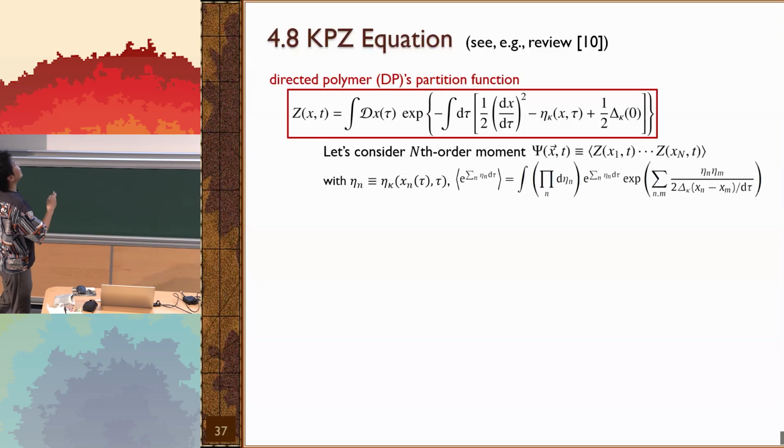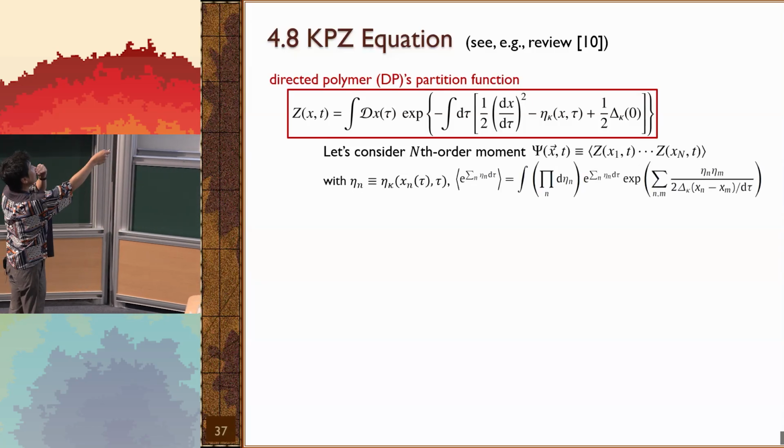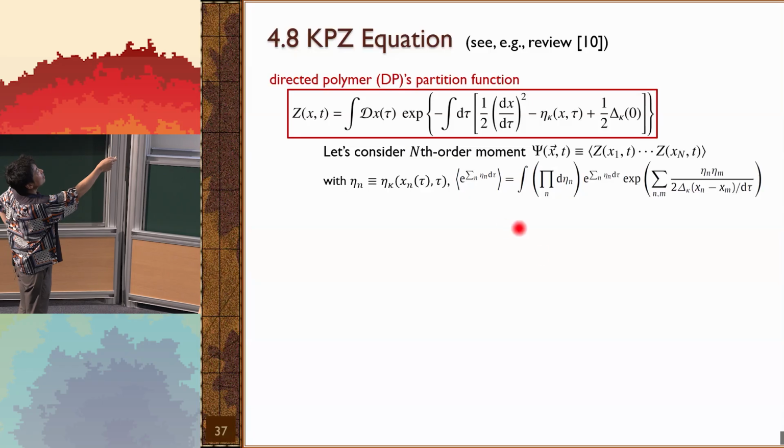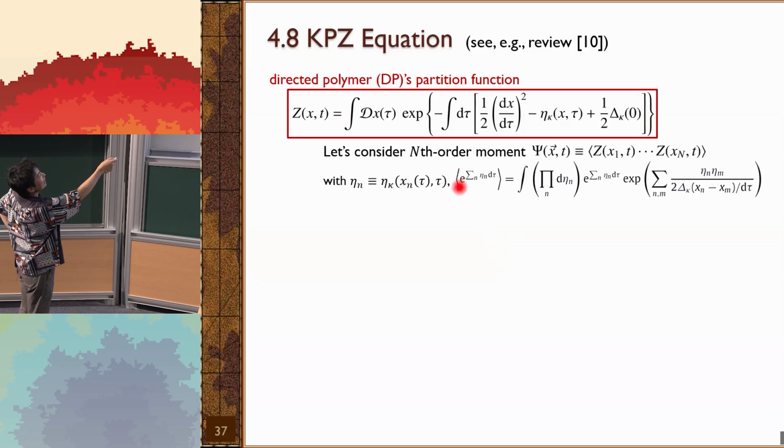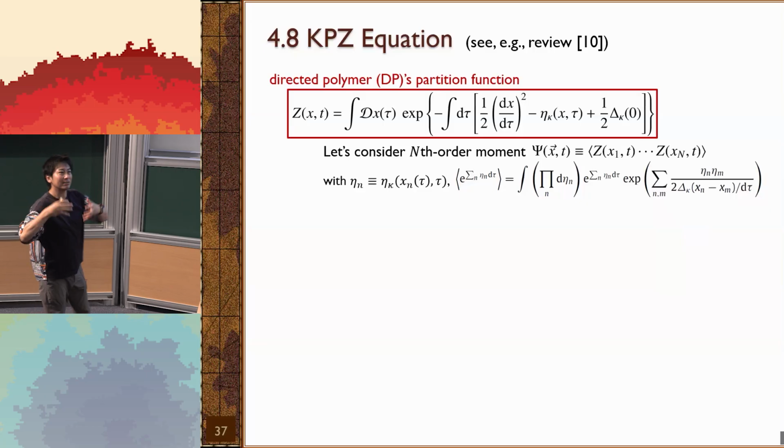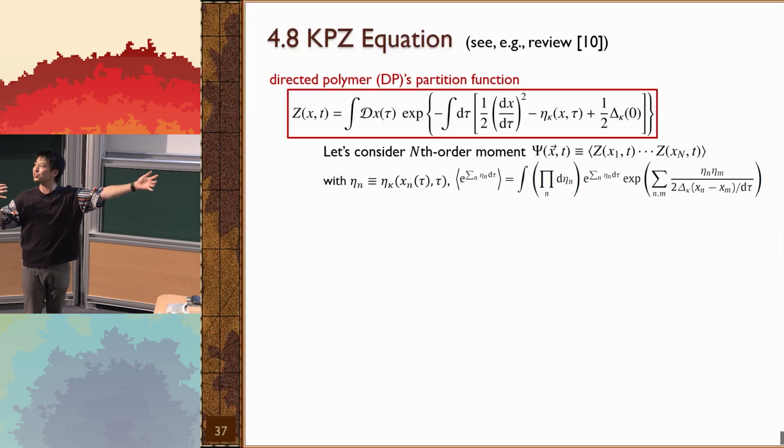Okay, so we want to evaluate this. And then probably you can see that we have to evaluate something like the exponential of eta n, averaged, right? This is what we see here. And as I said, to evaluate this average, we just multiply the probability density of eta, which is Gaussian. And of course, it is a multivariate Gaussian distribution.